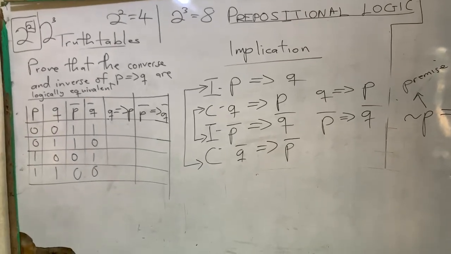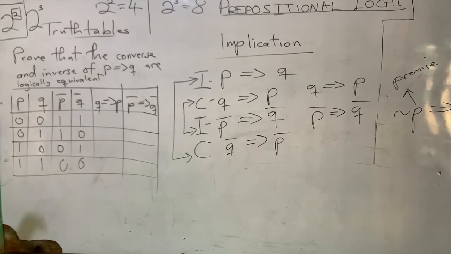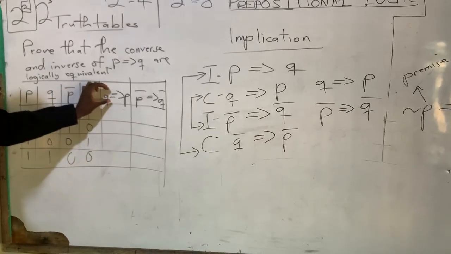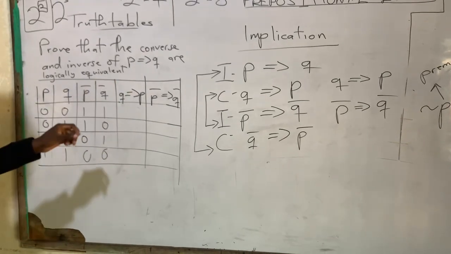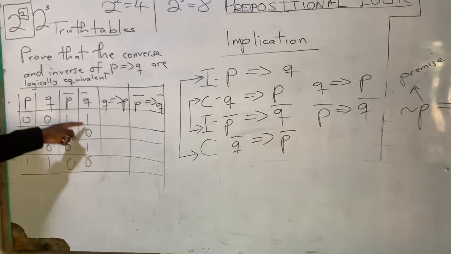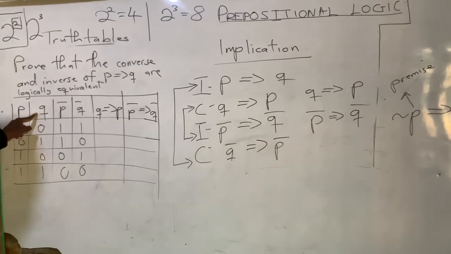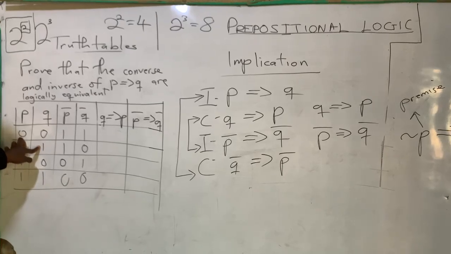Then what about Q implies P? Now I said the only time something like this, involving the conditional operator, is false is when the premise is true and the conclusion is false. So let's look for when Q is true and the conclusion, which is P, is false.